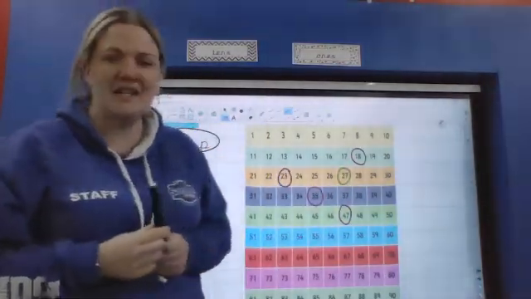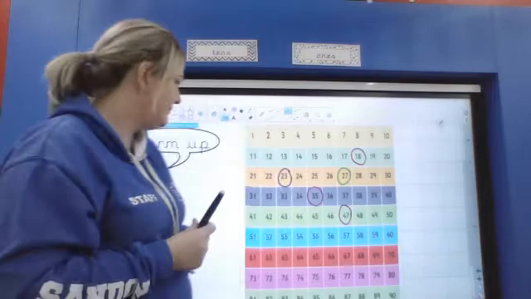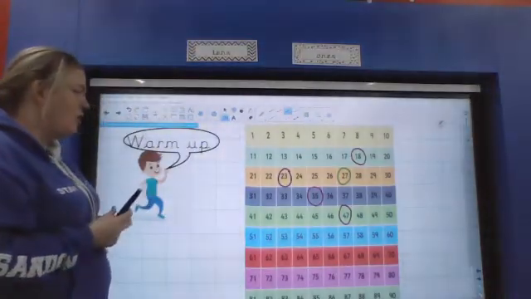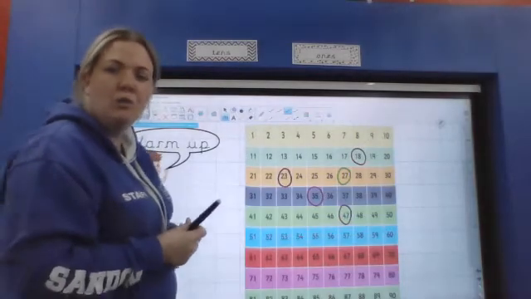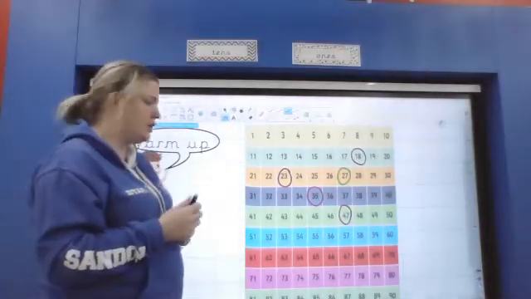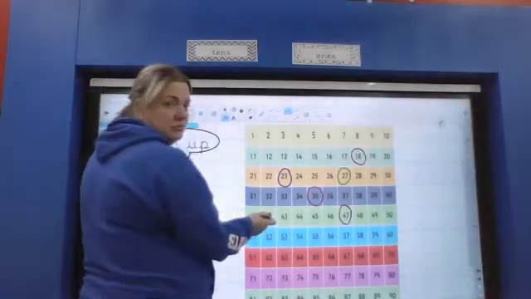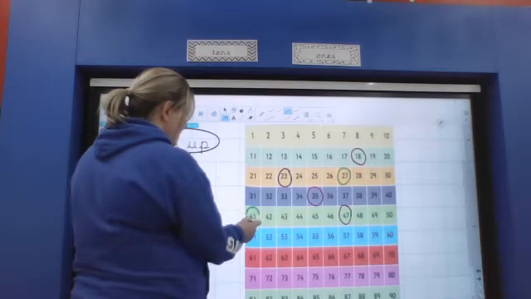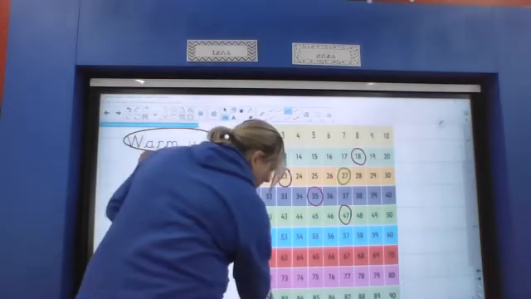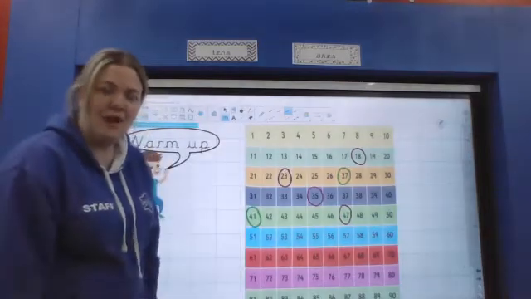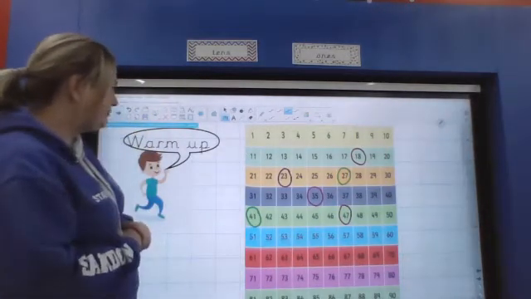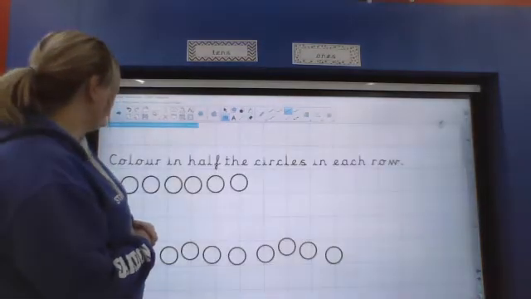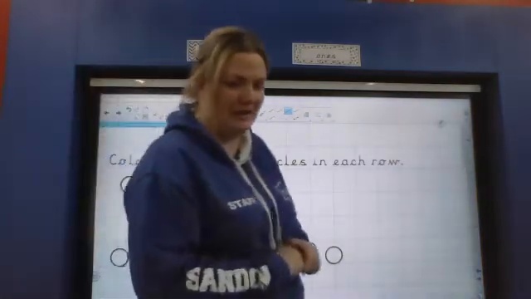Can you find one less than 42? Here's 42. One less is 41. Excellent. Well done. Give your boards a wipe for me, superstars, and we'll move on with today's learning.